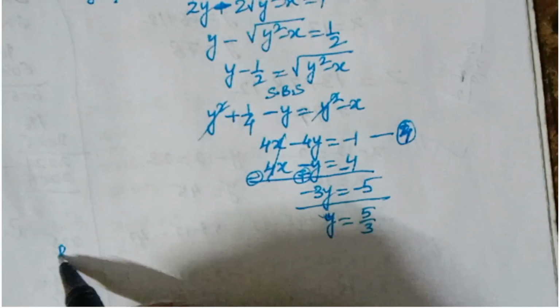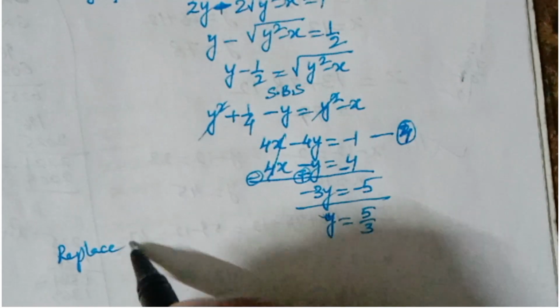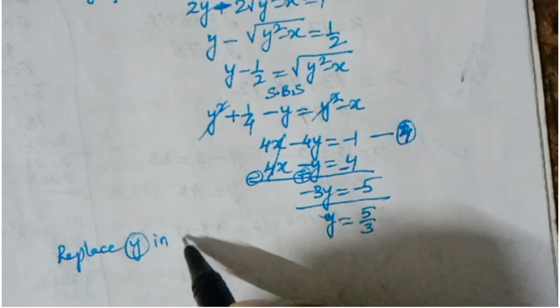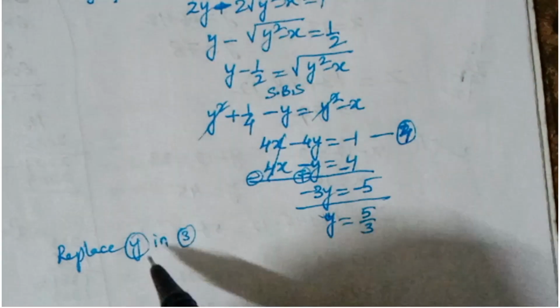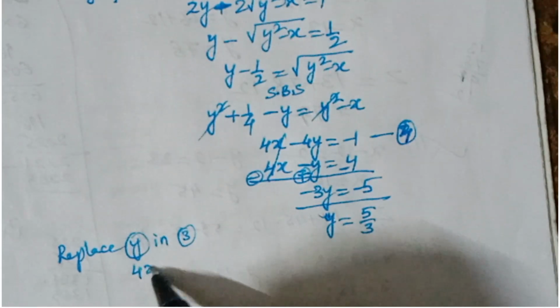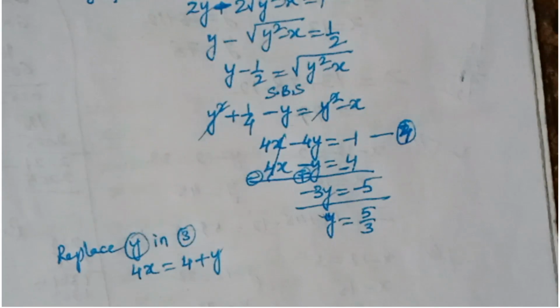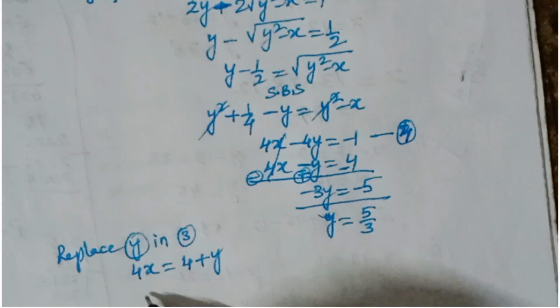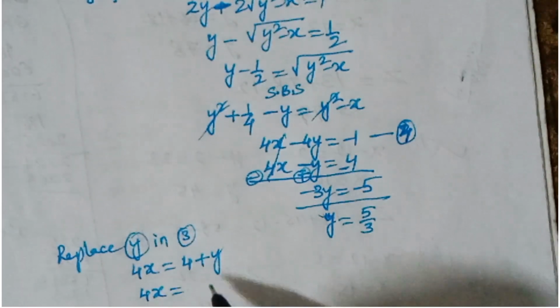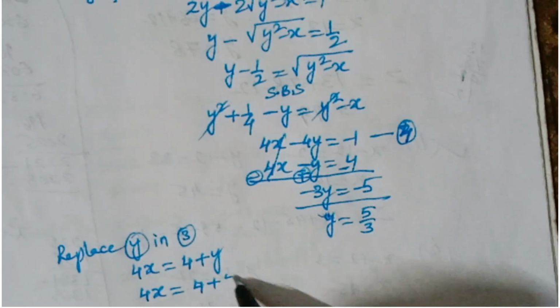Now replace y in equation 3. So what we get is 4x is equal to 4 plus y. So 4x is equal to 4 plus 5 by 3.